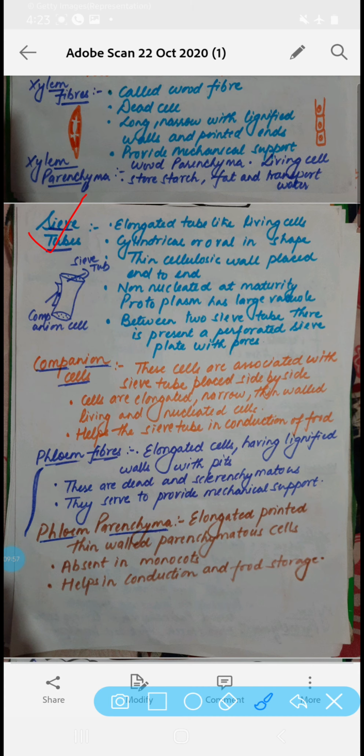They are elongated tube-like living cells. They can be cylindrical or oval in shape. They have thin walls placed end to end. These are tube-like structures, and they are also placed end to end. They are non-nucleated at maturity. As soon as these cells mature, they do not have a nucleus. And they have large vacuoles.